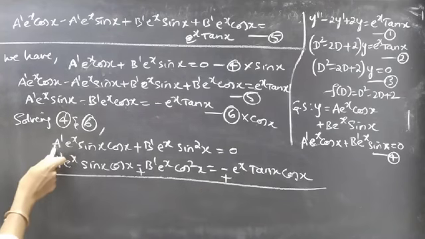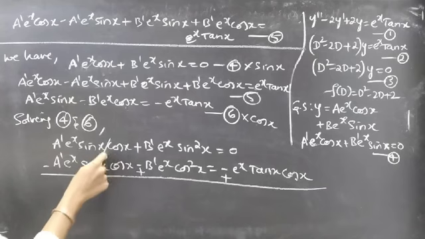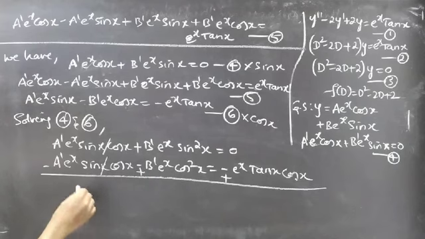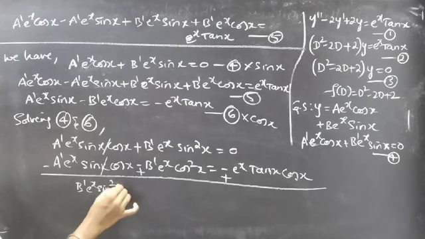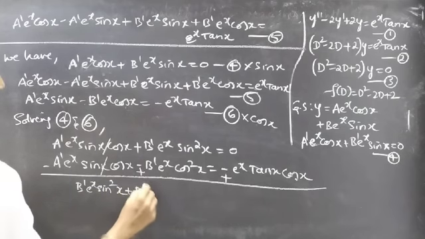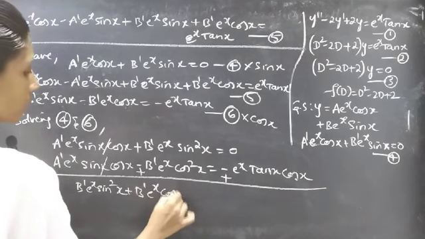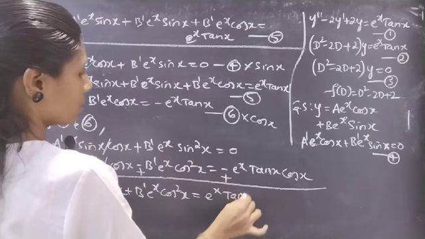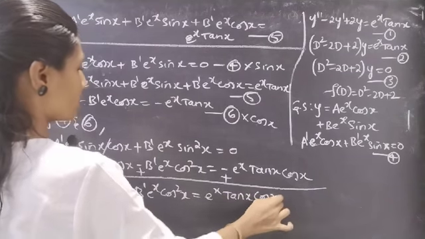Now change the signs. Here plus a dash e power x sin x cos x and minus a dash e power x sin x cos x get cancelled, and we'll get b dash e power x sin square x plus b dash e power x cos square x equal to e power x tan x into cos x.